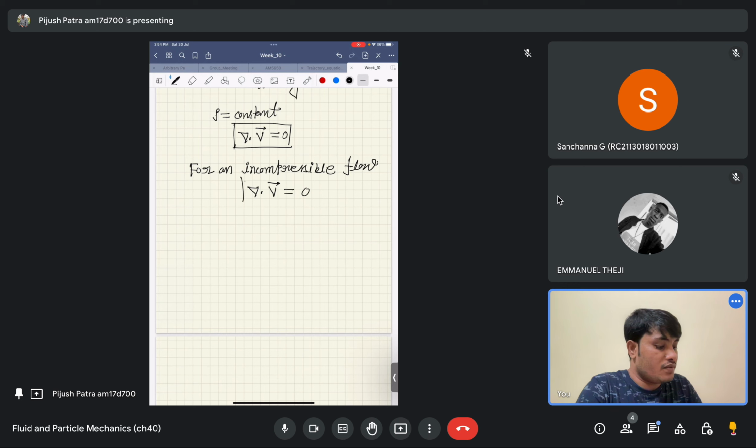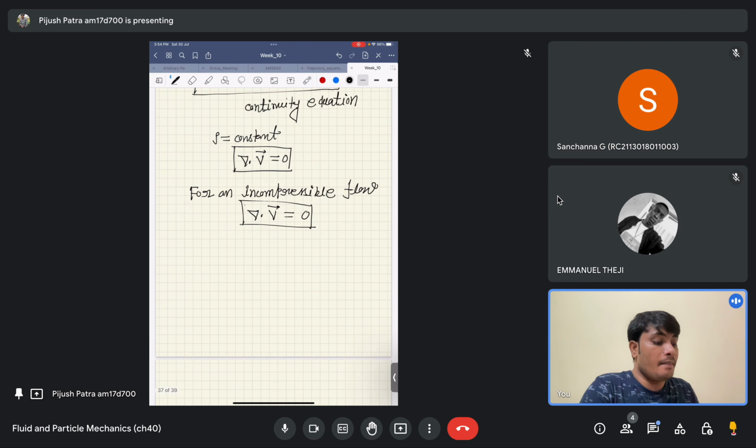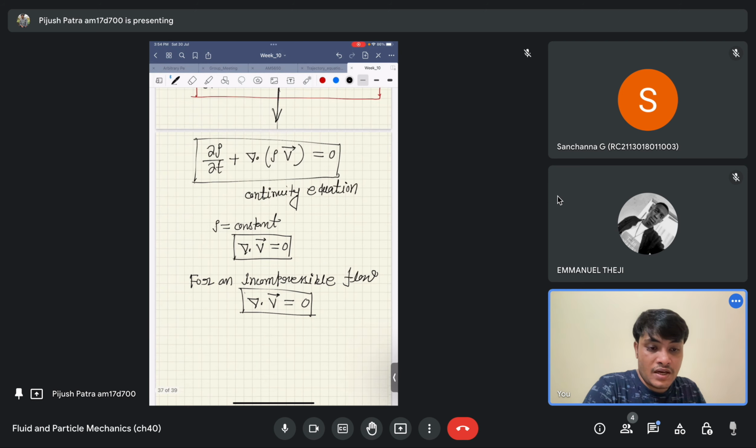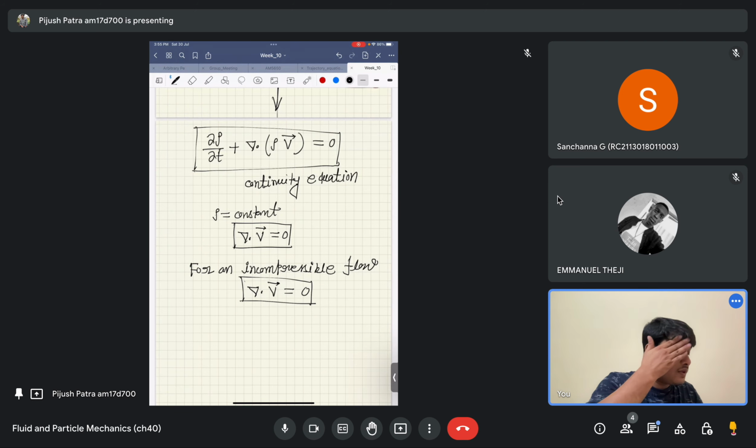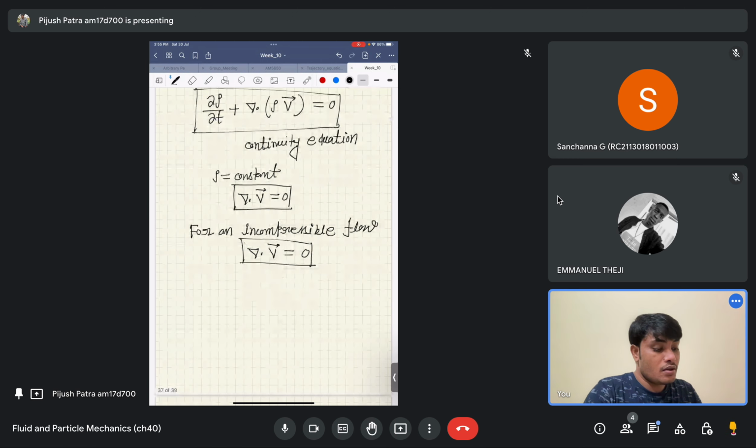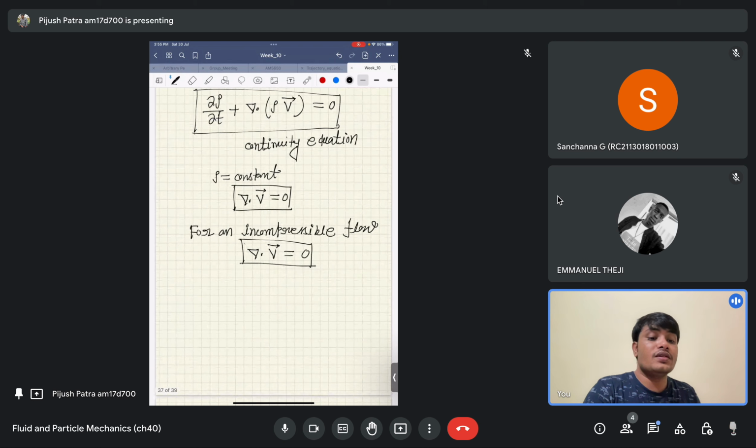This is for incompressible flow, you need to keep in mind. Though these two equations are different for rho constant and for the incompressible flow, there is still some difference, because in the second case, your entire volume is also constant.